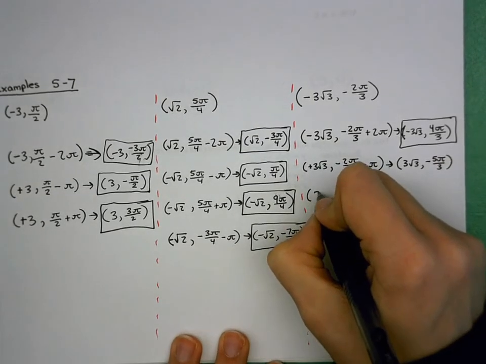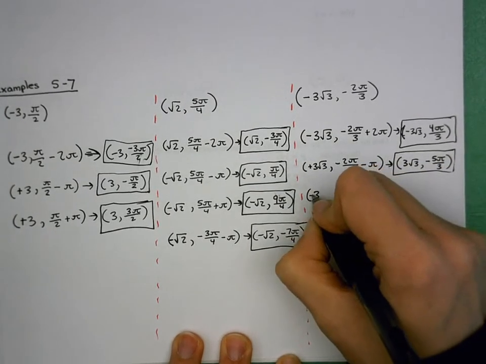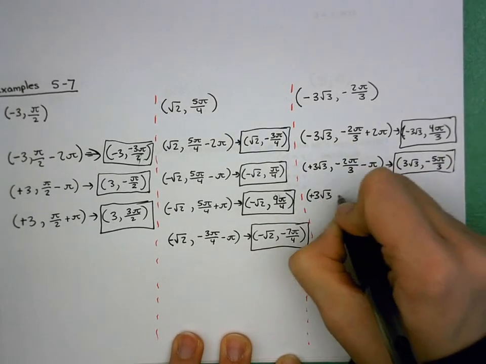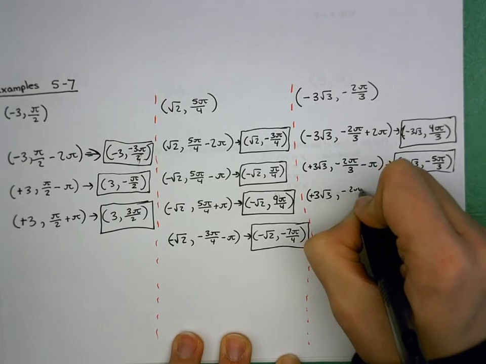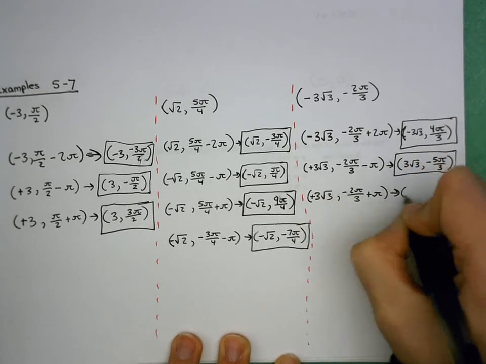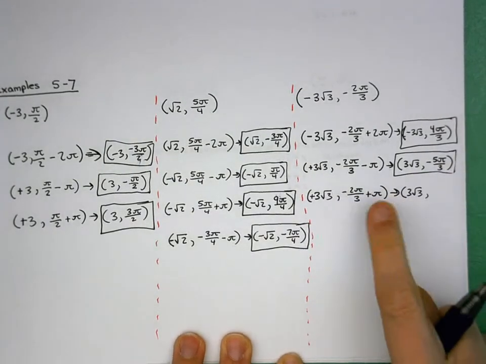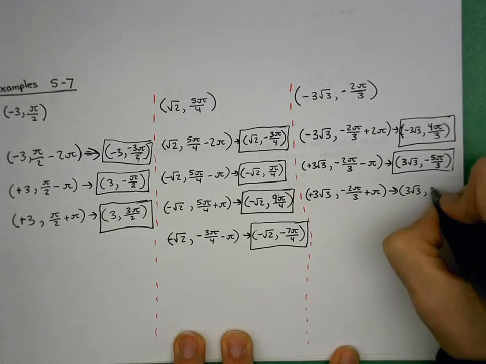And then last one, our original r times a negative, and our theta plus pi is a positive 3 root 3, and then negative 2 pi over 3 plus 3 pi over 3, which is pi over 3.